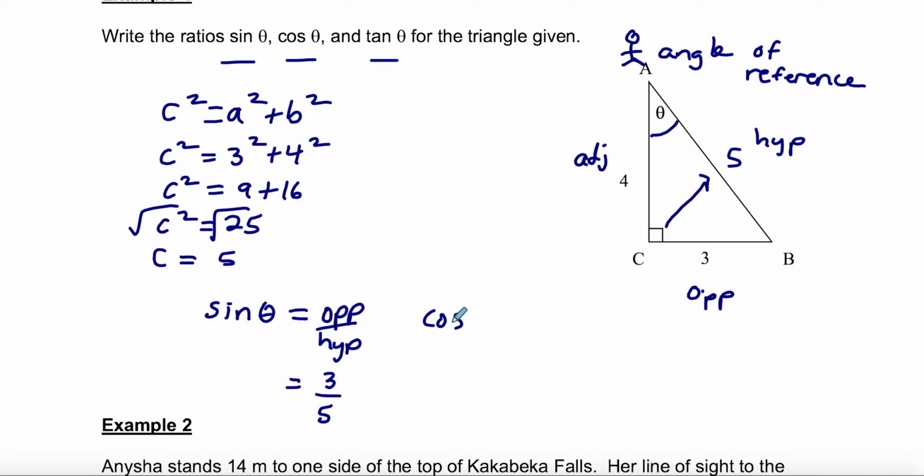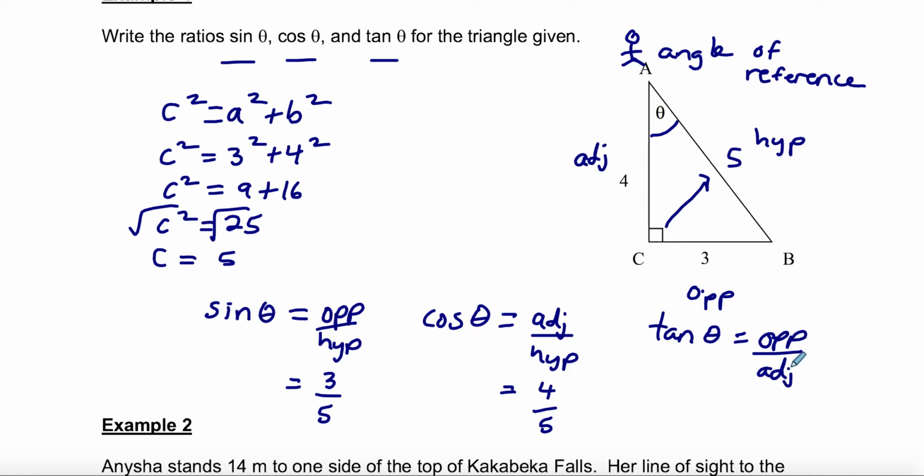The cosine of theta, or cosine of A, is adjacent over hypotenuse. If I'm standing up here, the adjacent is beside me, so that's 4 over 5. And then the tangent of theta is the opposite over the adjacent, so that would be 3 over 4.